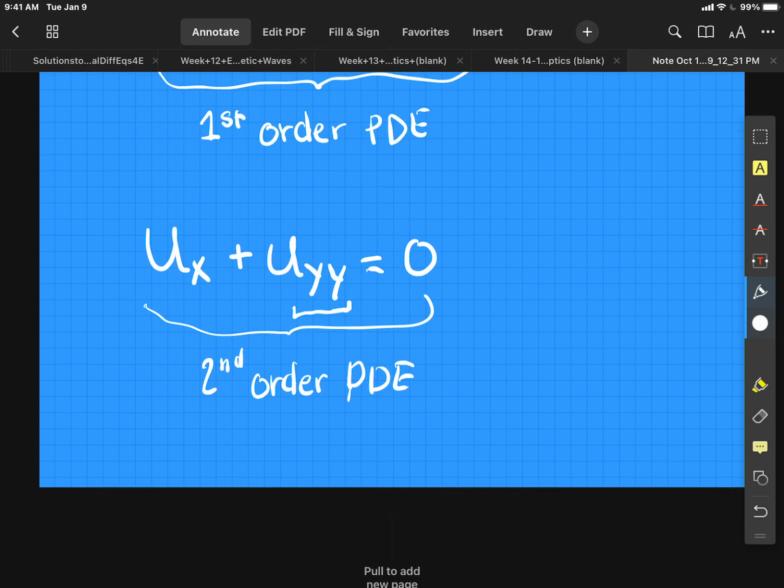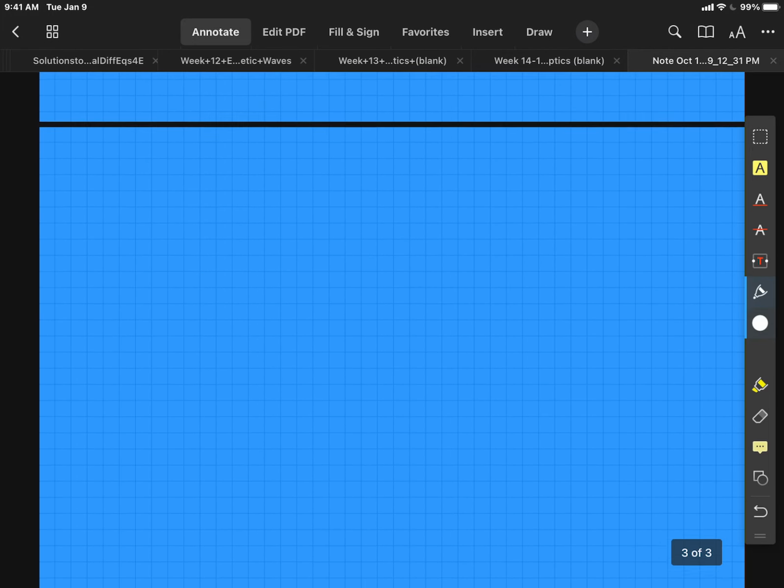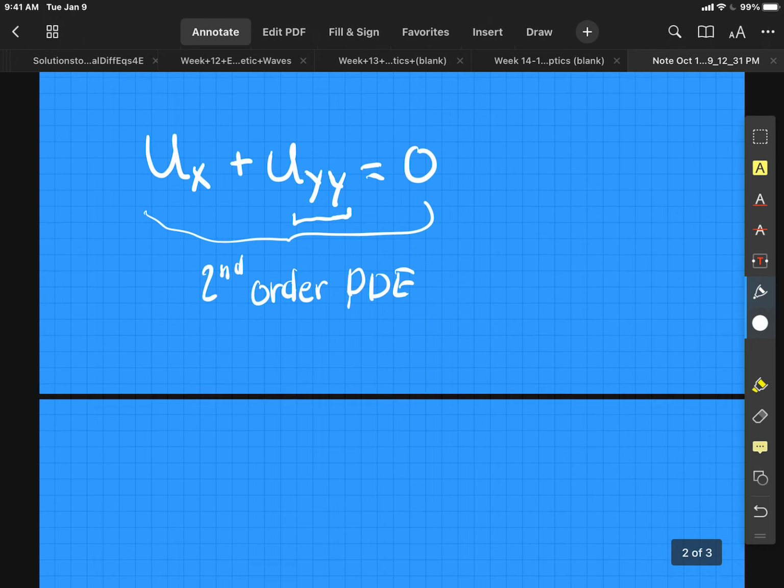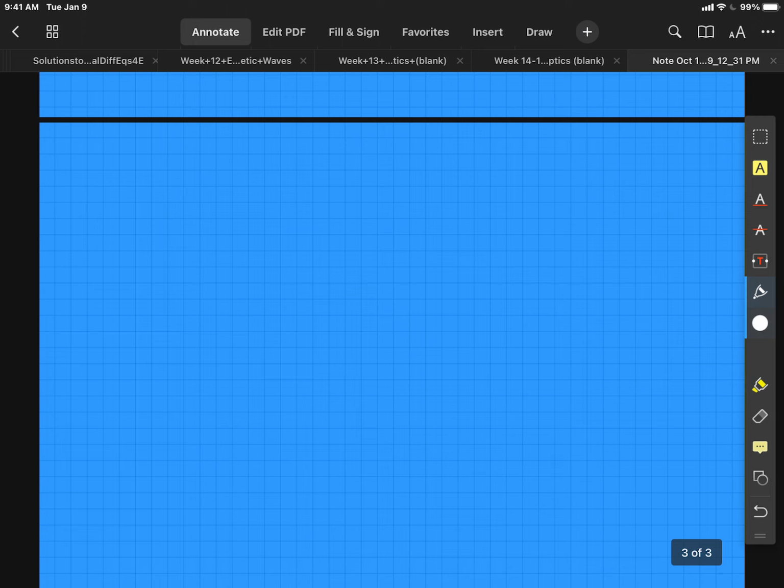Third of all, and I think this is also very important, we often like to classify and write PDEs using a linear operator L. So what does that mean? Say we have a function, let's say u_xx minus u_t equals 0.